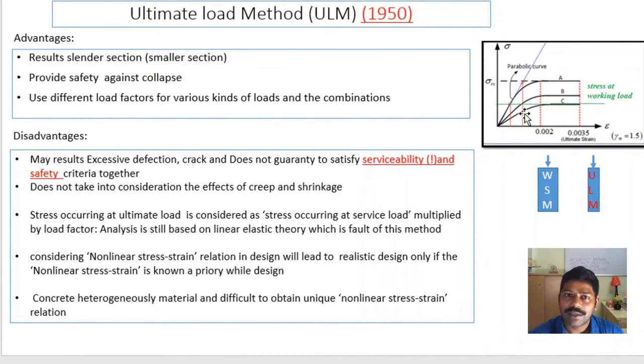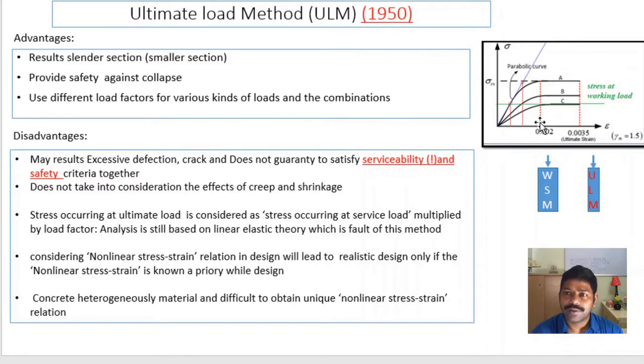Then in the actual case, at this stage, concrete will reach a strain of up to this much. If you draw one line here, the strain will be somewhere here. So you will find there is a large deviation between the predicted result in the ultimate load method and what is happening in the actual concrete structure.